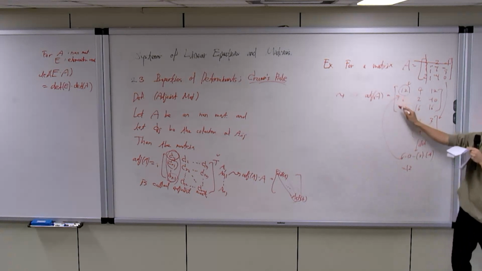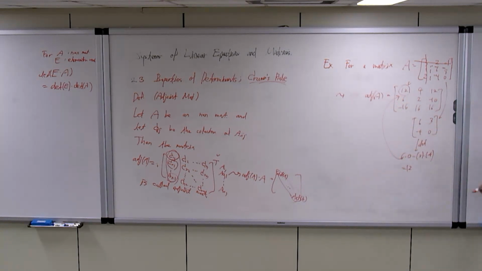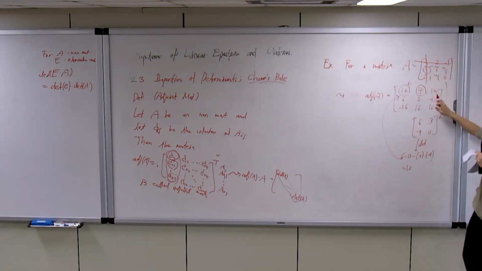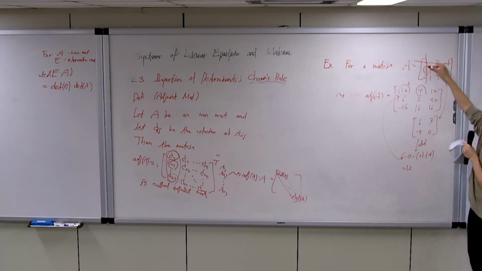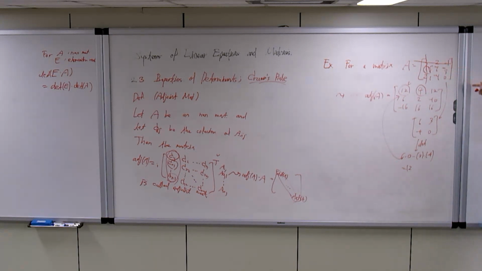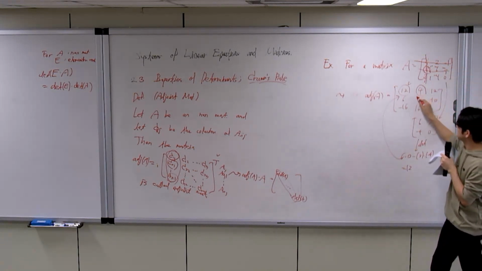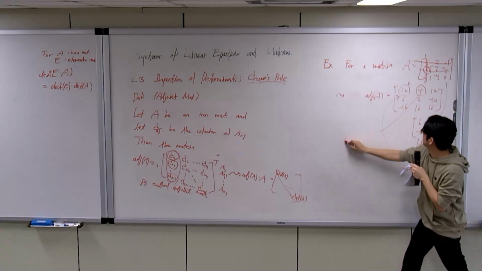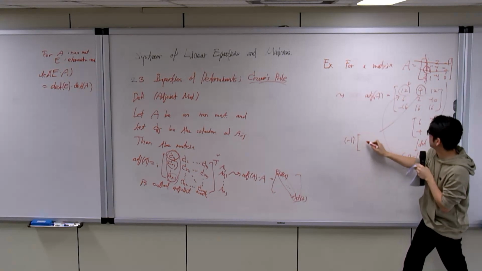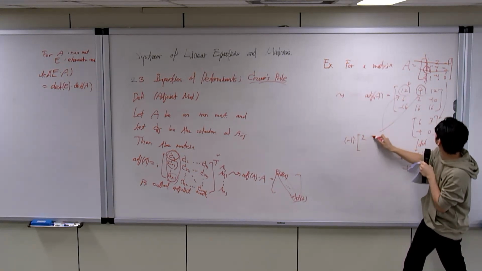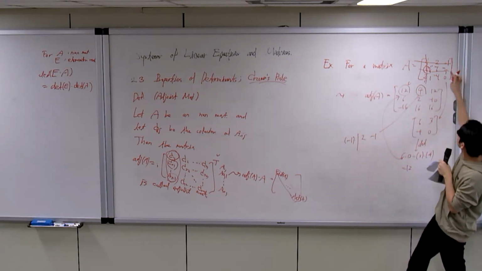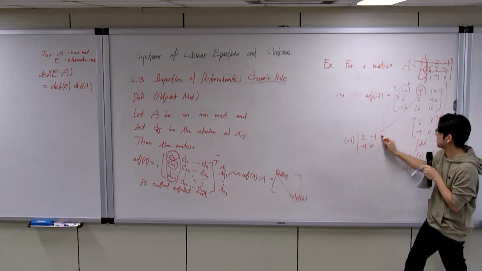So its first entry is 12, and for the second entry, it is a transposed matrix, so remove the second row and first column, and its entry will come from the cofactor 2, minus 1, minus 4, 0.